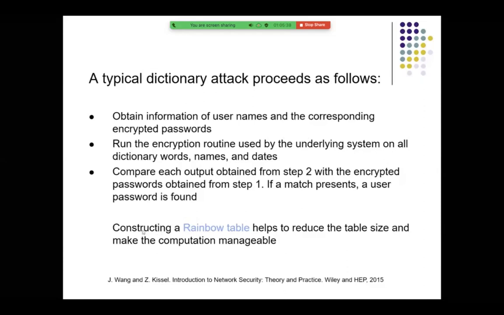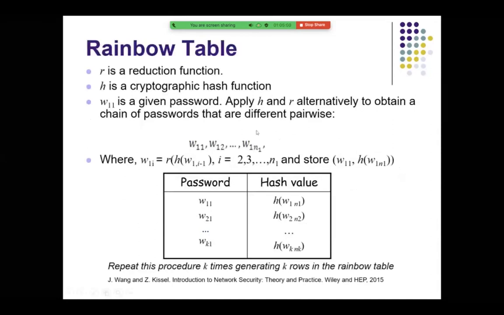There is a technique to make this process more reasonable, called a rainbow table. It helps reduce the table size and make the computation manageable. All right, so the idea of a rainbow table is the following. Now let me start a screen so I can draw up something.